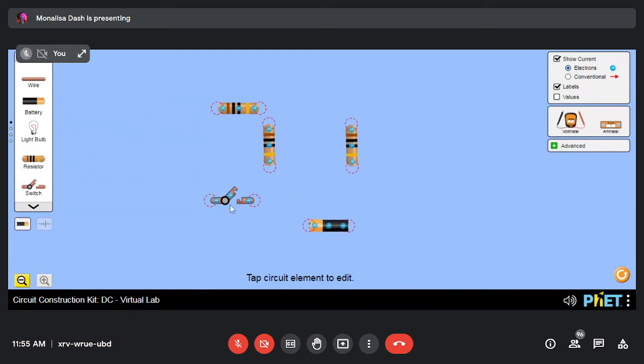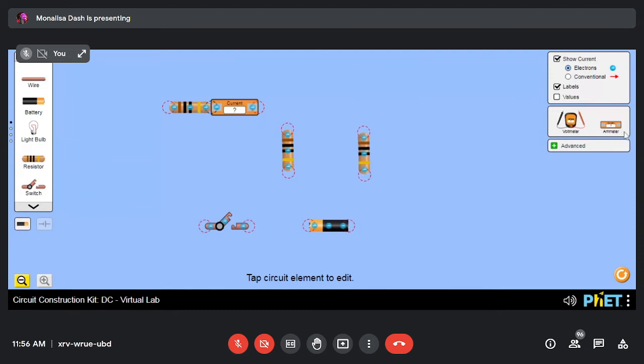So resistor, then ammeter, three ammeters we need.